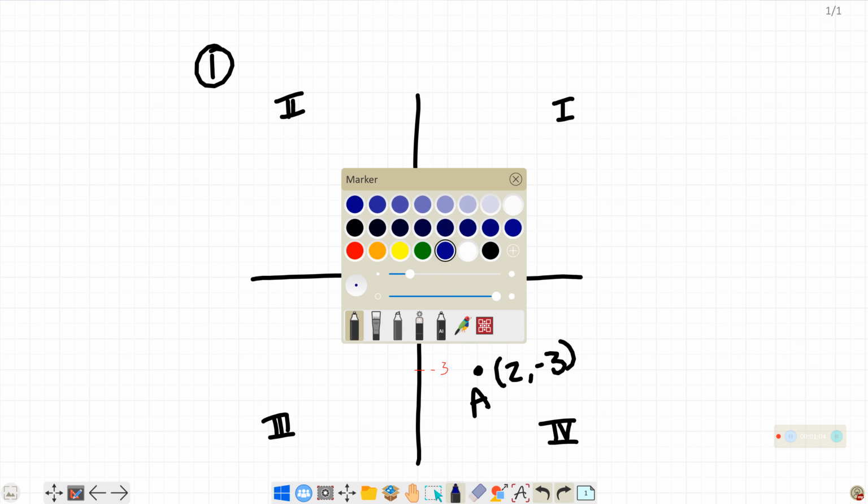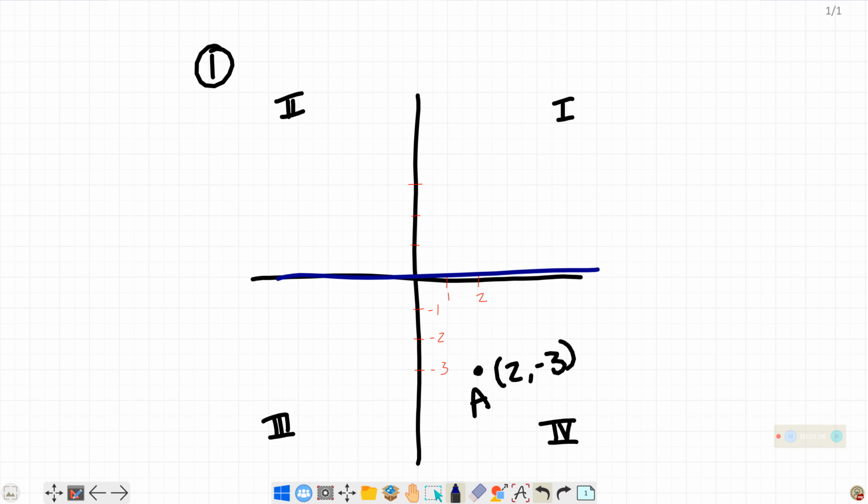If you put a mirror over here, your point's going to reflect over this way. If you were to put a mirror here, your point's going to reflect over the mirror in this section. So which axis do we choose? We are going to reflect over the y-axis in order to get into quadrant 3.